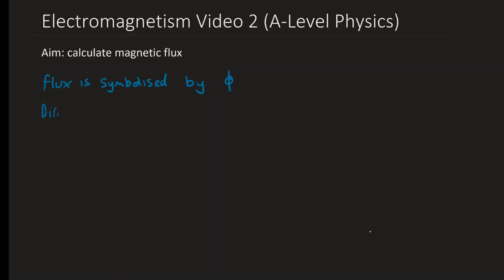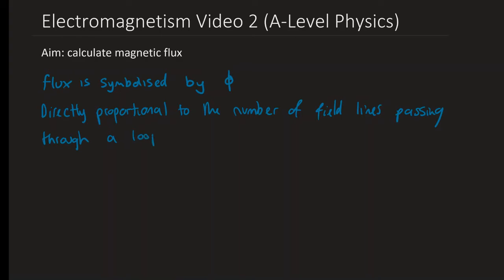So directly proportional to the number of field lines passing through a loop. And we saw that previously.